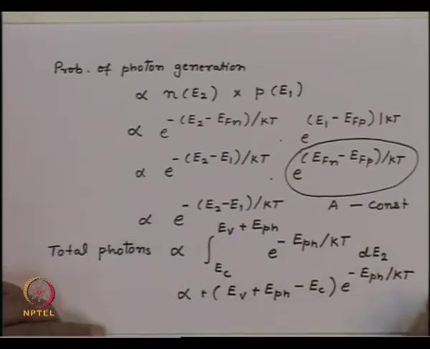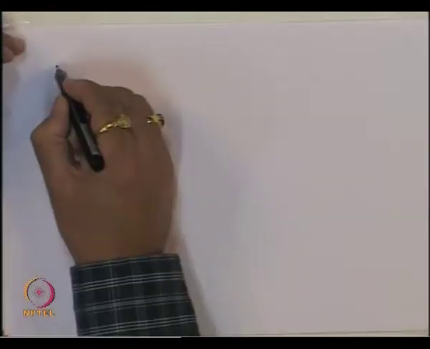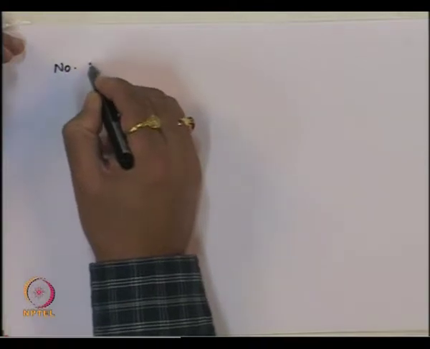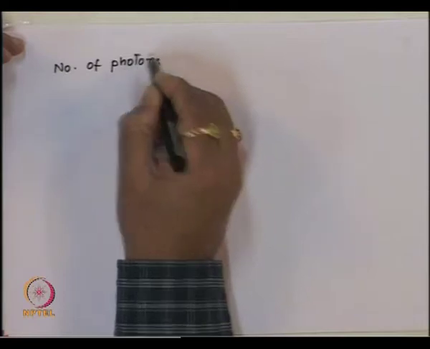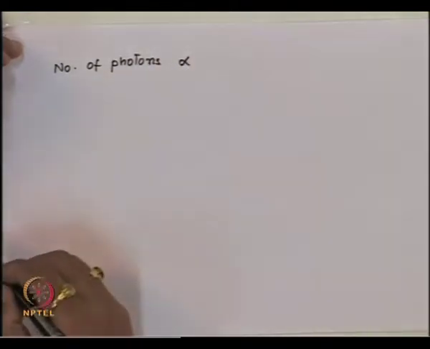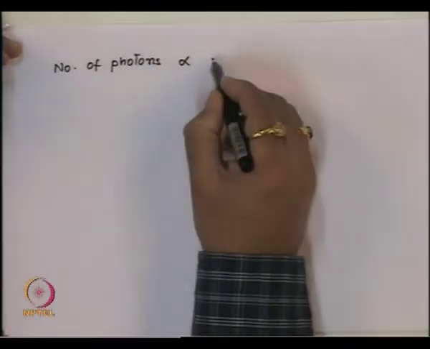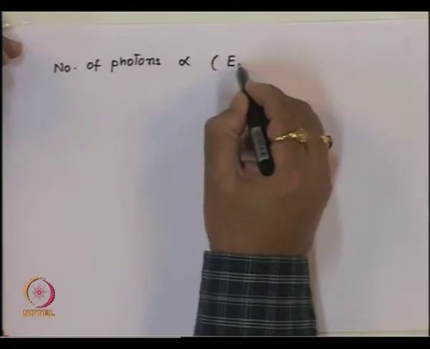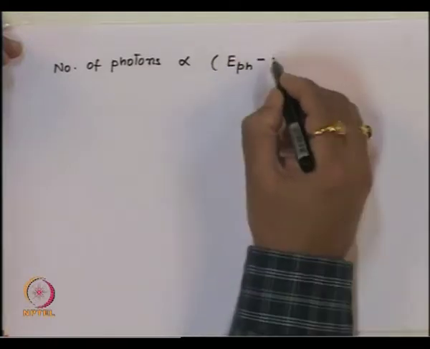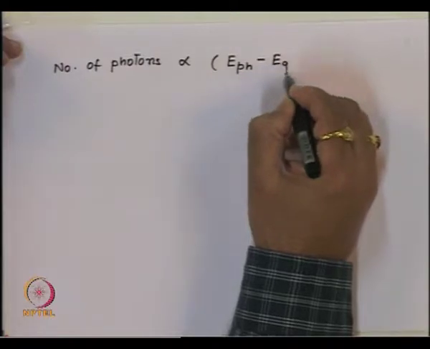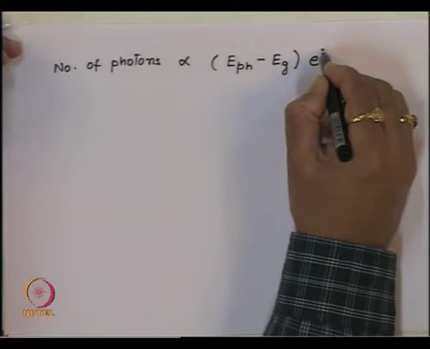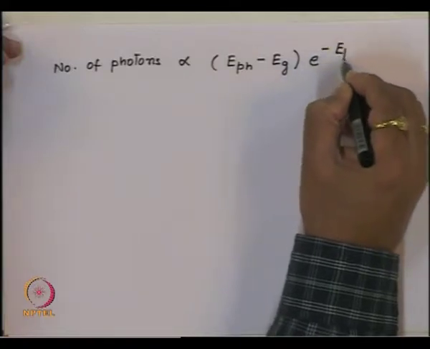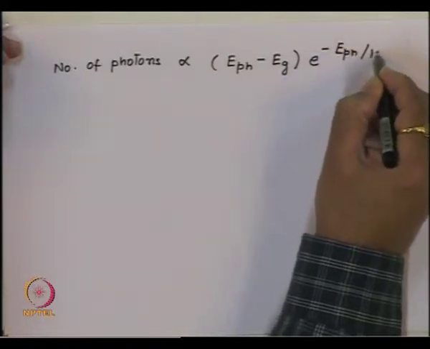So, essentially we get the total number of photons that will be proportional to the quantity EPH minus EG, the band gap energy, e to the power minus EPH divided by KT.